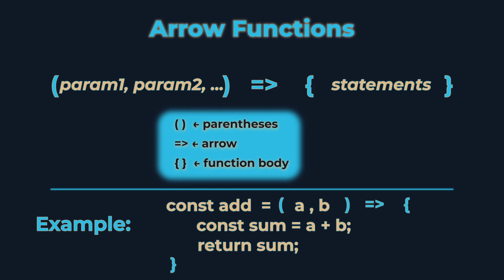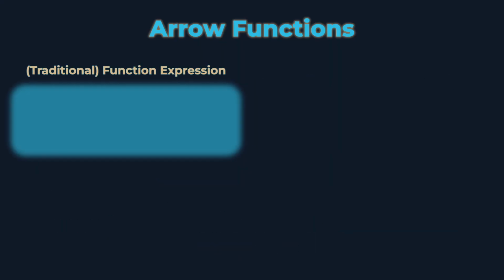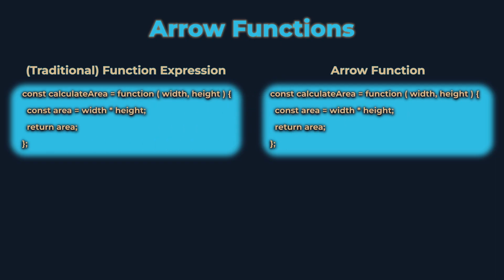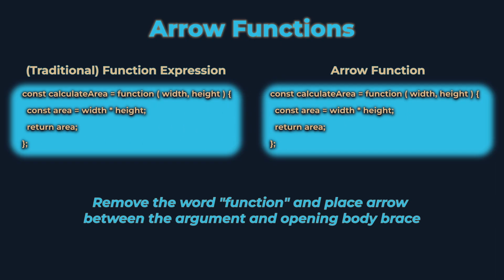An arrow function is just a shorter and cleaner way to write a function in JavaScript. It behaves like a regular function in most cases, but with less typing, less clutter, and a lot more style. Remove the word function and place arrow between the argument and opening body brace.